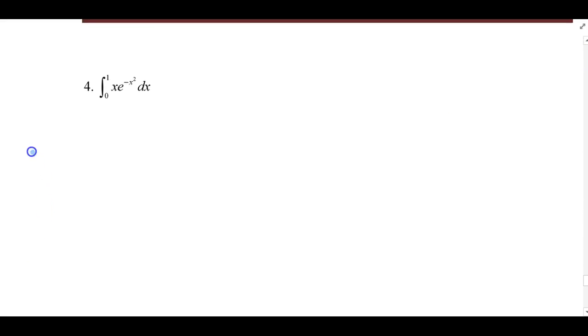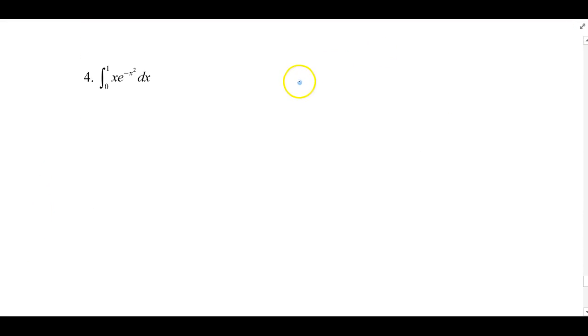All right. On this problem, let's see, we have x e to the negative x squared. So here's the composition, with e composed of negative x squared.